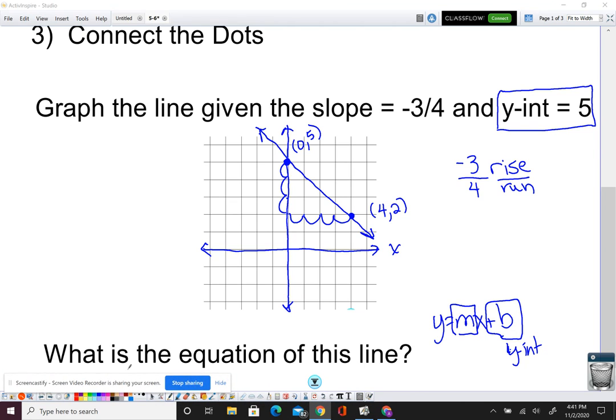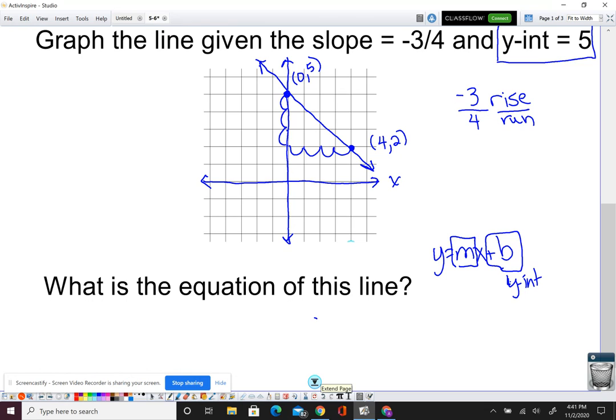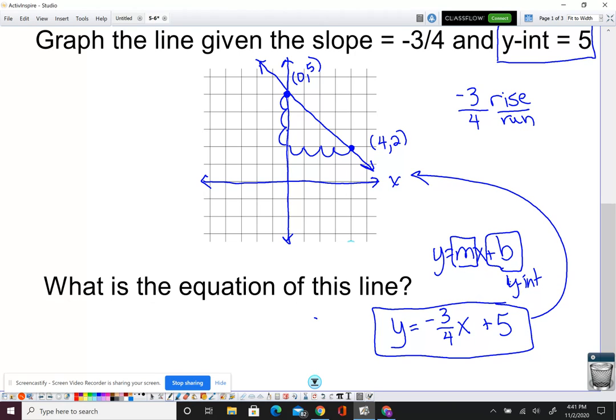We leave the x and the y in the equation, and we substitute in the slope, negative 3/4, with an x by it because the number directly in front of the x is the slope. Then we tag on the y-intercept, which in this case is 5. So this is the equation of this line, and that line and that equation have a slope of negative 3/4 and a y-intercept of 5.